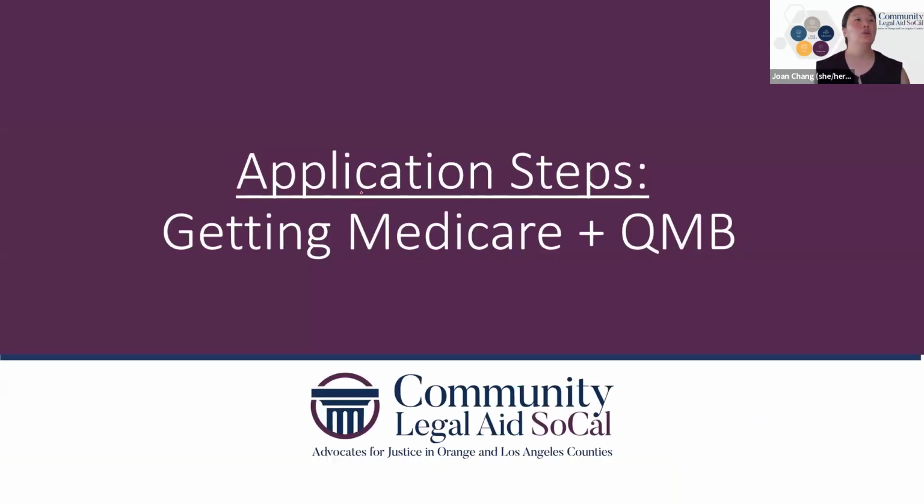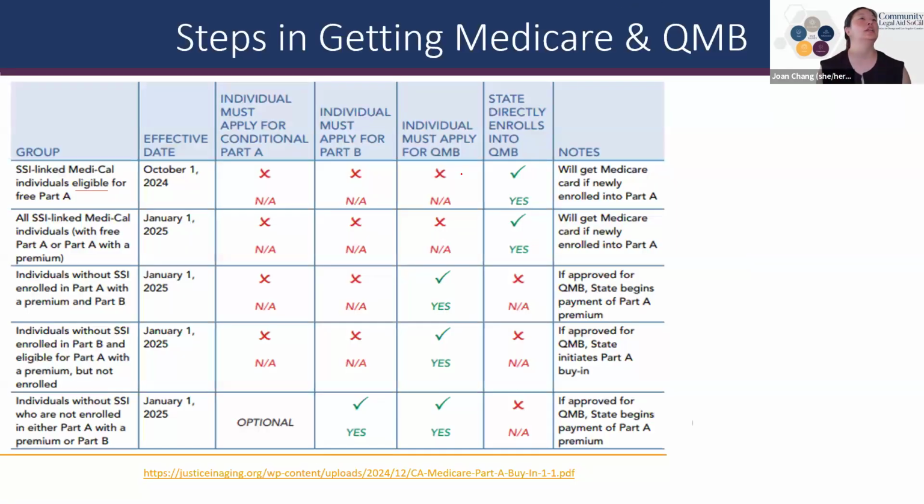Okay. How do you get the Medicare and the QMB? There are application steps, and it depends on which category of folks you fall into, but let's break it down. Okay, this is a little confusing, and I don't expect you to memorize this.